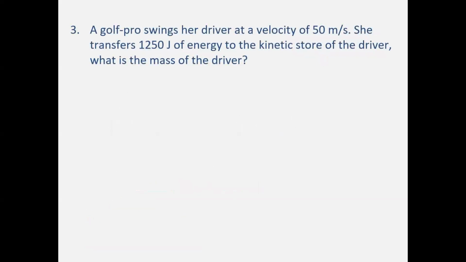Right, question 3. A golf pro swings her driver at a velocity of 50 meters per second. She transfers 1,250 joules of energy to the kinetic store of her driver. What is the mass of the driver?